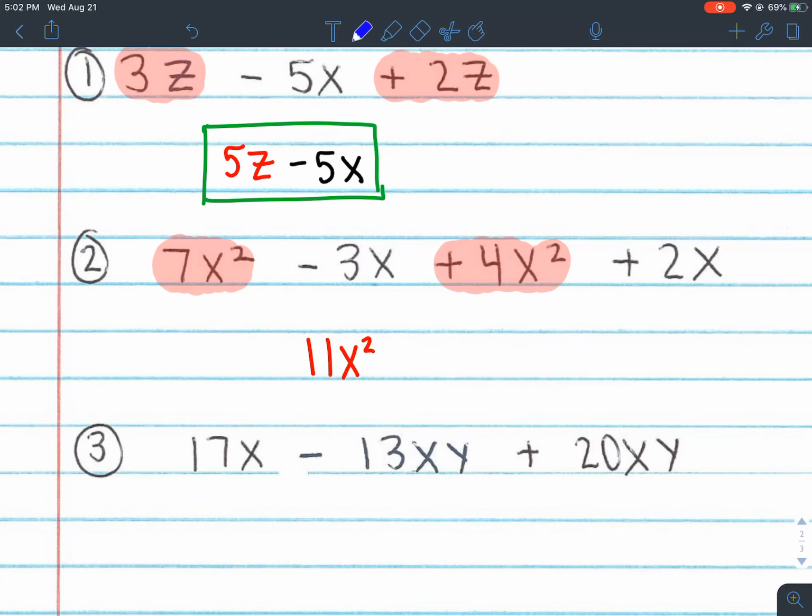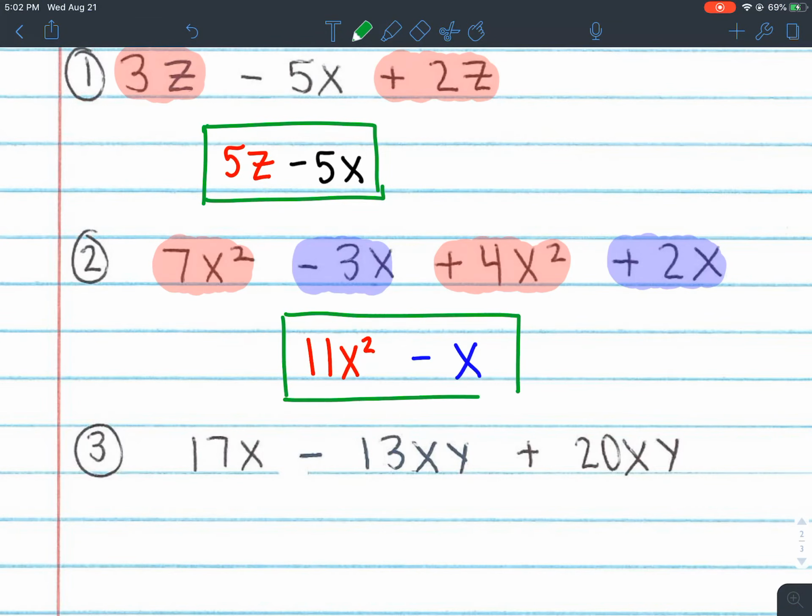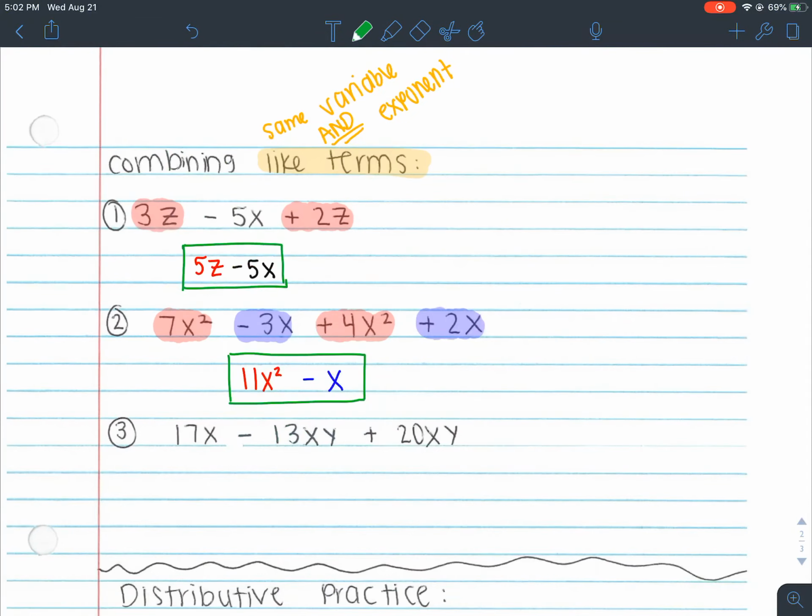And then I also have some more like terms. I have negative 3x plus 2x. That's going to be negative 1x, or just negative x. So again, these are all fairly the same thing over and over again. You're just combining like terms.